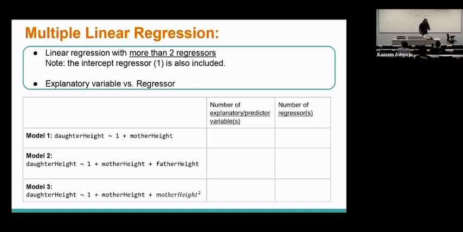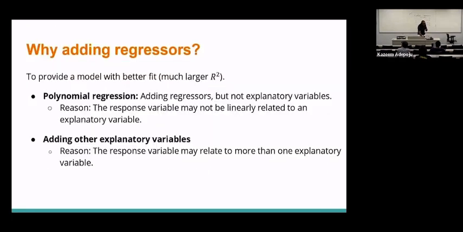The reason is that the response variable, when I say response variable, I mean the dependent variable y, may not be linearly related to that explanatory variable. That is why I'm going to consider incorporating a quadratic effect or cubic effect, generally speaking, considering polynomial regression.